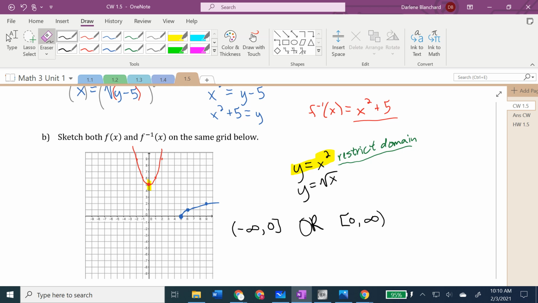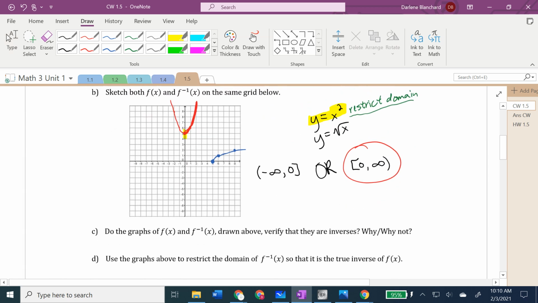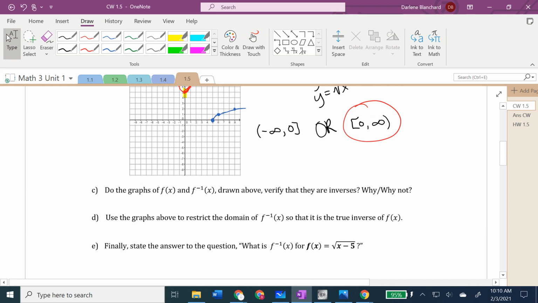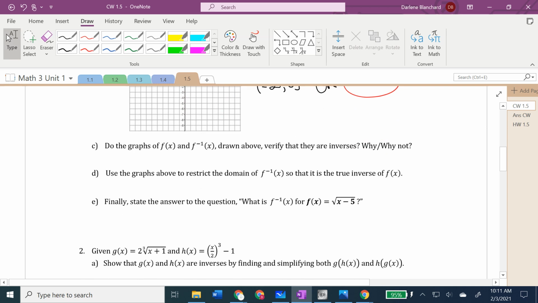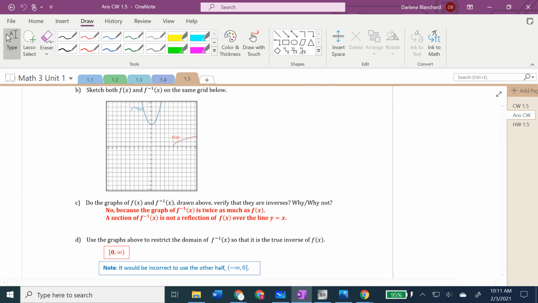So visually, you can look at it and see that this half is the reflection of the square root over y equals x. So basically what I did was for all of this work that was explained here. Let me go over to the answers and show you.